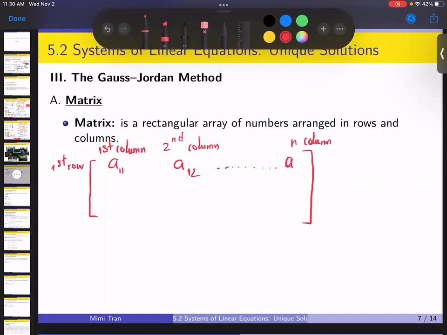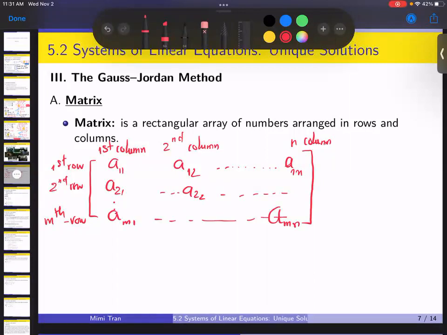Always the first row, a 1n. Then if I have a second row, first column, it will be a 21, and then a 22, and then all the way out there. If I have the mth row, then this one is a m1. And all the way out here, the last one will be a sub mn, m row, n column. Done.